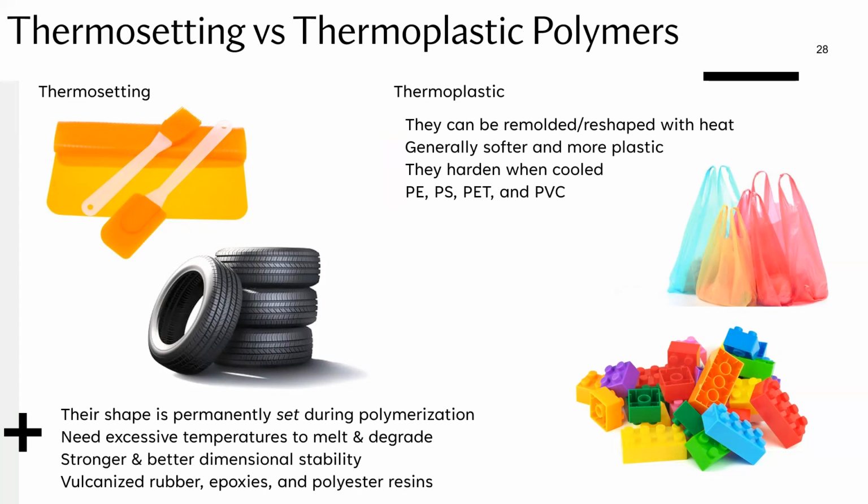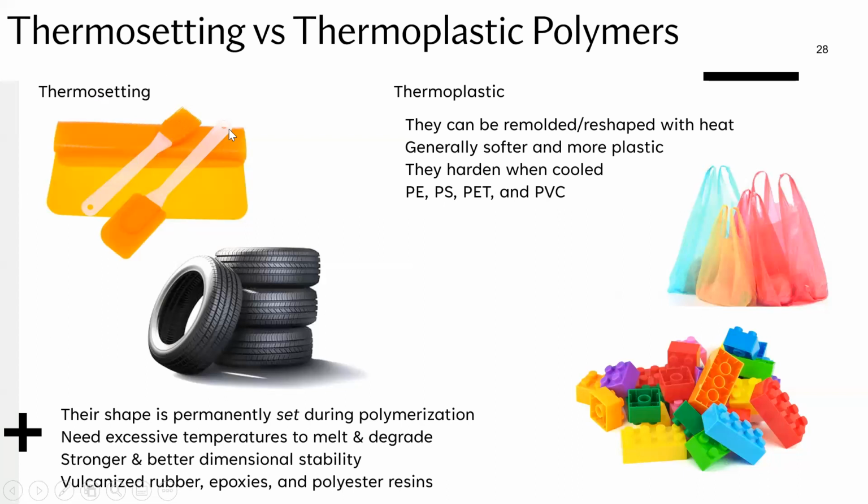In other words, when you heat them, you can reshape them, reform them into a different shape. And this is done at a reasonably low temperature, meaning that you don't need to go all the way to 200 C to do this. You can do it at 70, 80. In a lot of these conventional polymers that we introduce, this is the case, like in polystyrene, in PVC.